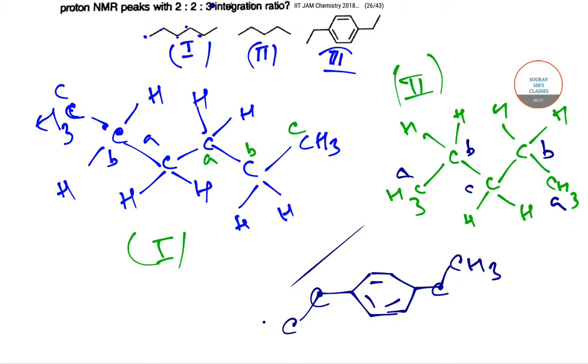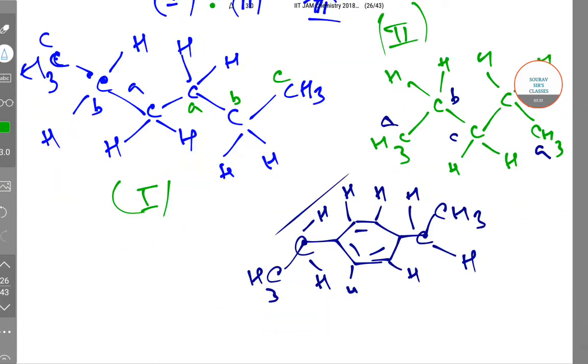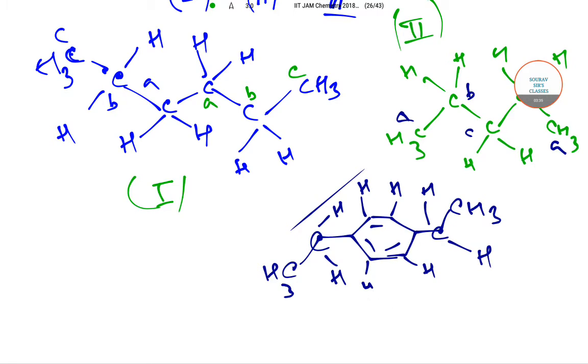This will be CH3, this will be CH3, this will be HH, this will also be hydrogen, and here we will have one hydrogen each. So again we will name this structure, and if we name this A, these are all A's. Then we will have B's here and C's will be present here.